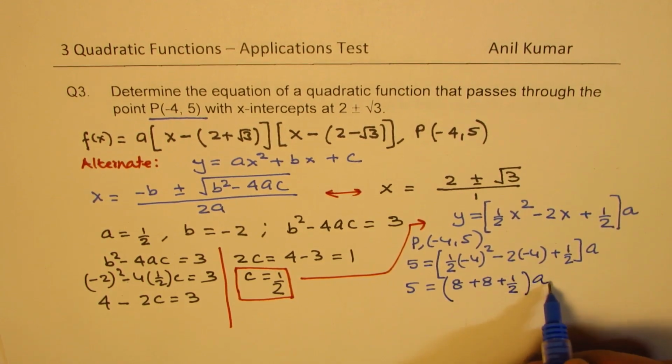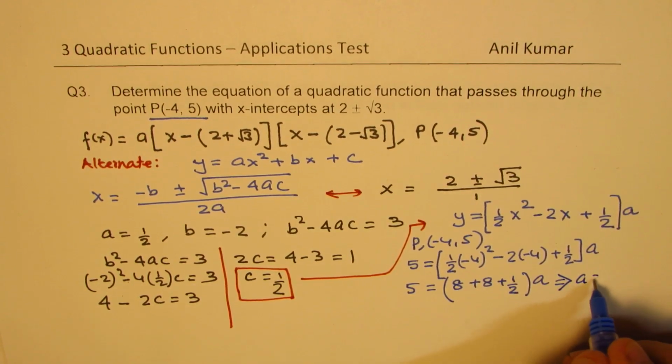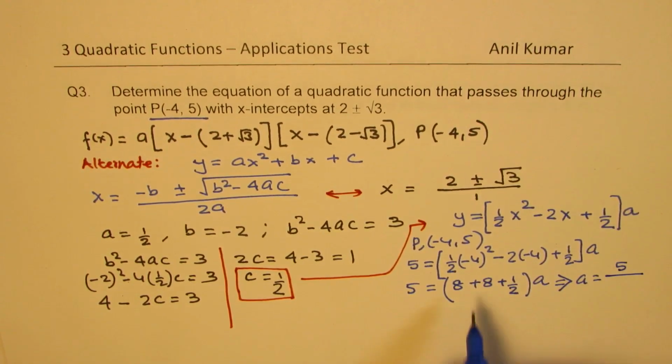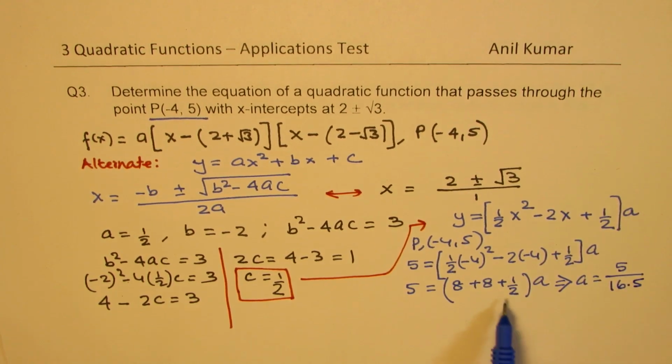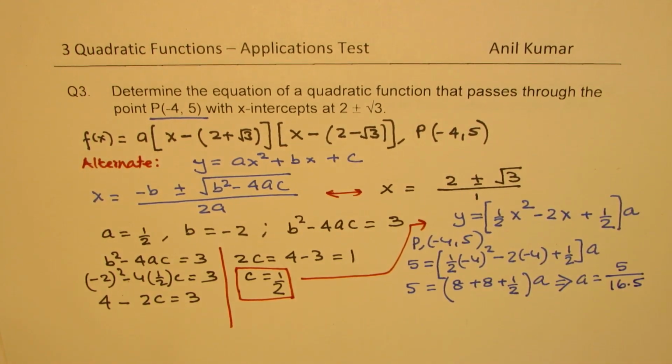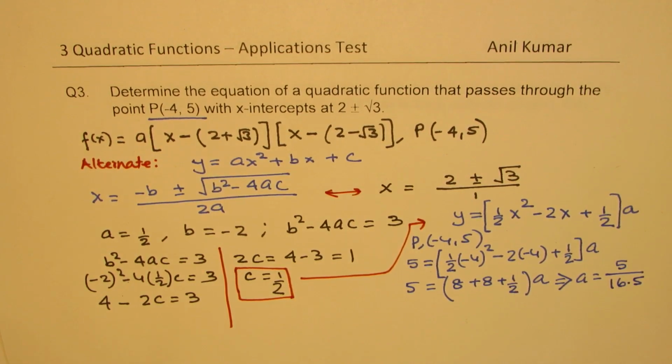All this should be like this, right? So that gives you the value of a as 5 divided by 16.5, correct? So you can actually find the value of a from here.